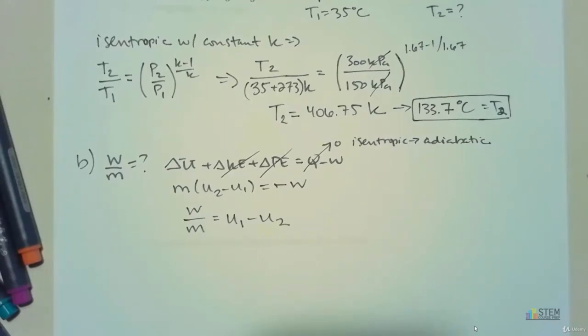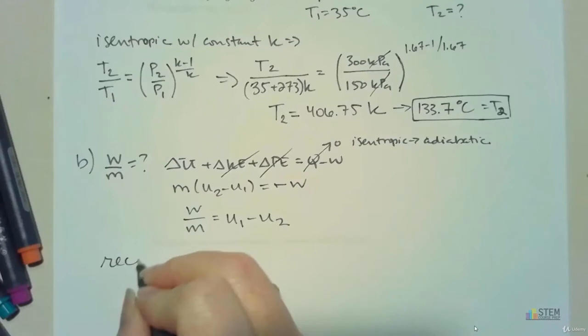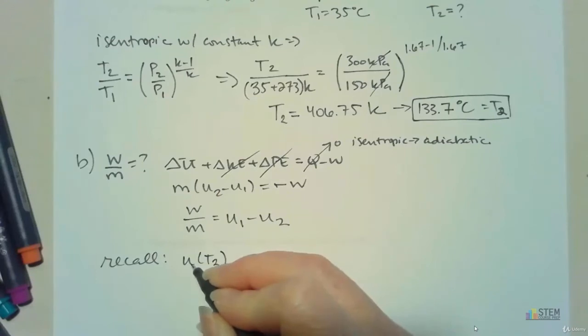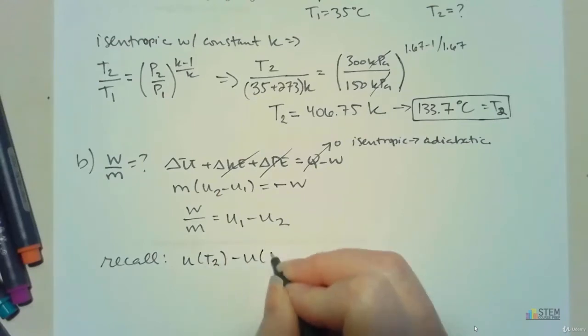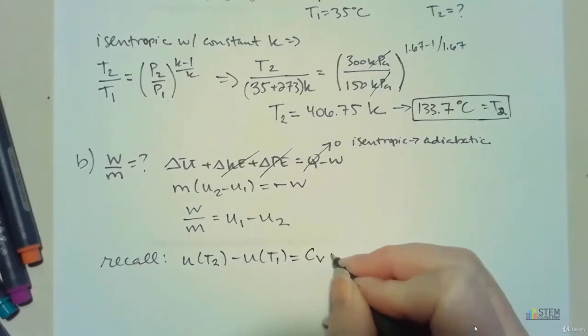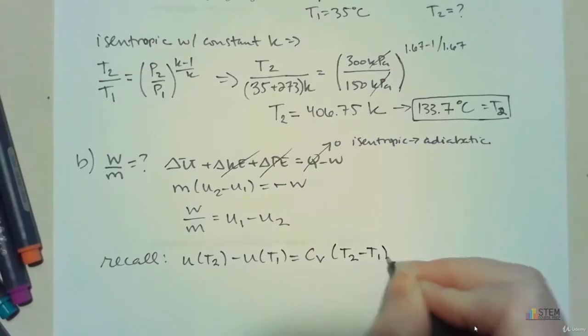Now you've got a couple of choices here. You can go to the table, which is what we usually do. But if you're using the textbook that I've got, there is no table for argon in the ideal gas tables. So you're going to have to find something else to do. If you remember when we talked about ideal gas, we can write the specific internal energy at T2 minus the specific internal energy at T1 equal to CV times T2 minus T1.